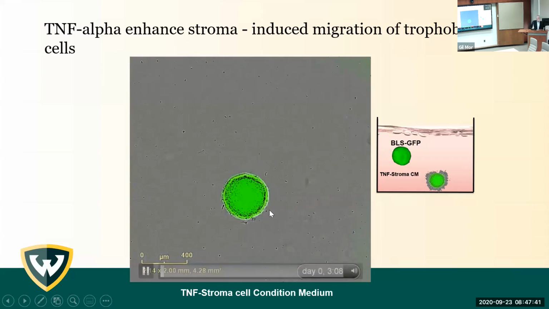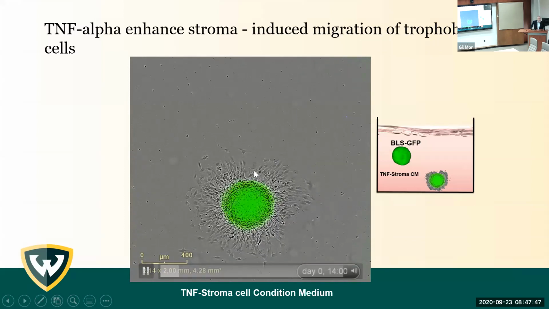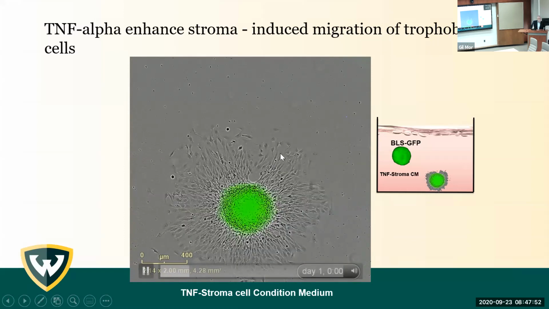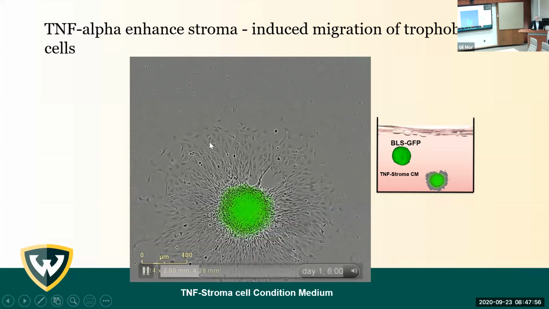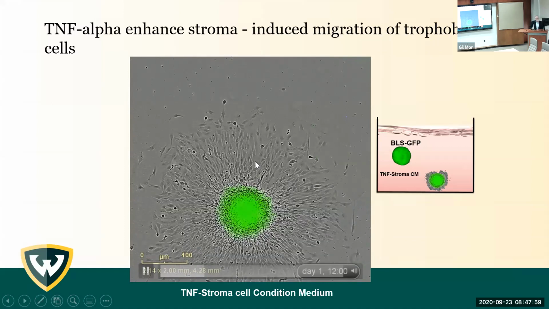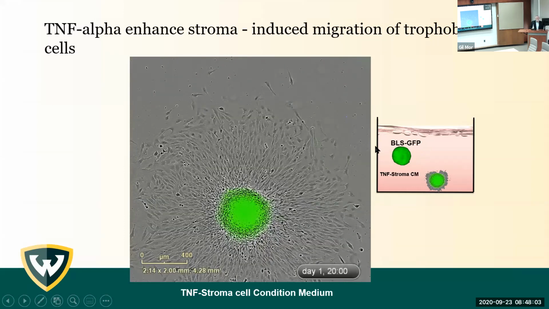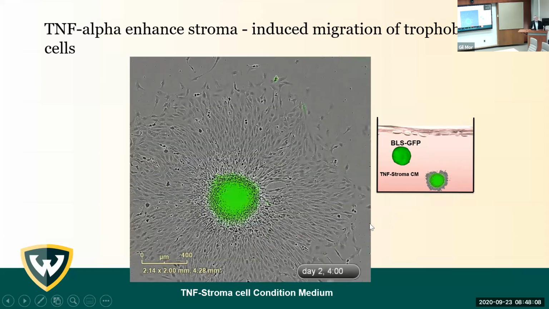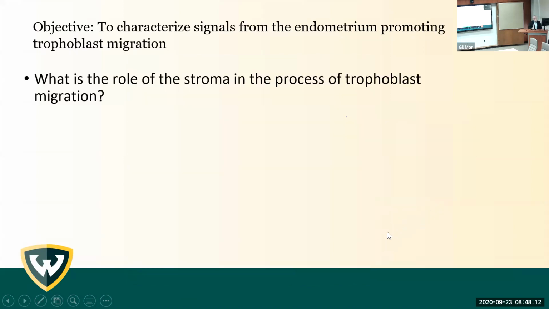So here is this blastocyst-like structure, measured along the trophectoderm. In 2 to 4 hours, they have attached. And look at that, all the trophoblasts are coming out, in a very nicely organized way. We now even have ways to quantify the rate and the time of migration. This is happening when these blastocyst-like structures are exposed to TNF alpha treated stroma conditioned media.